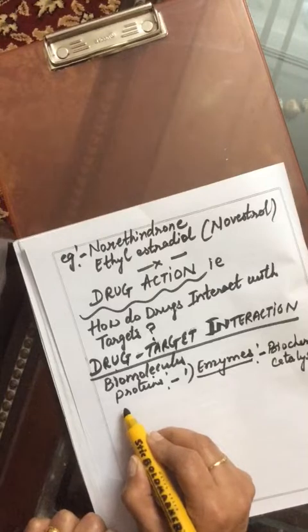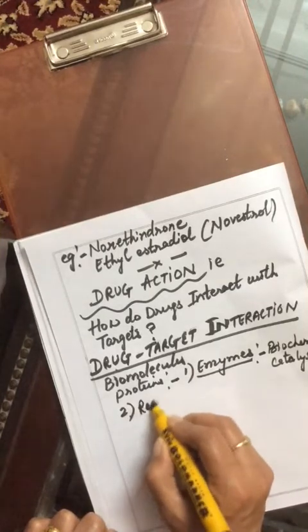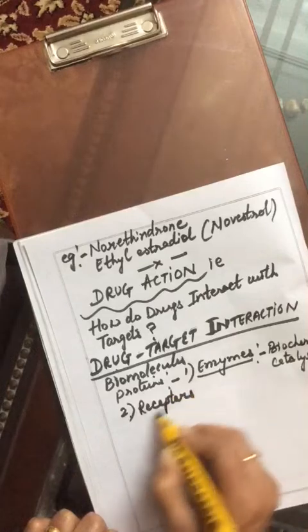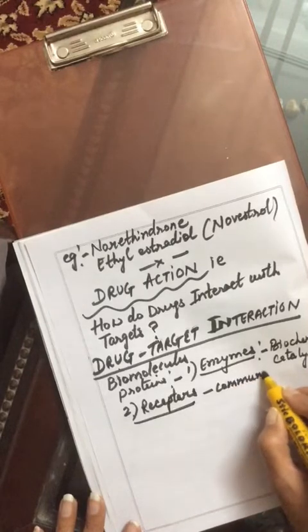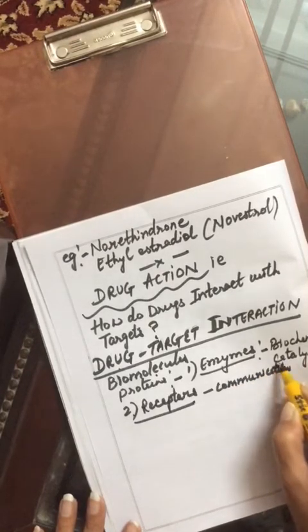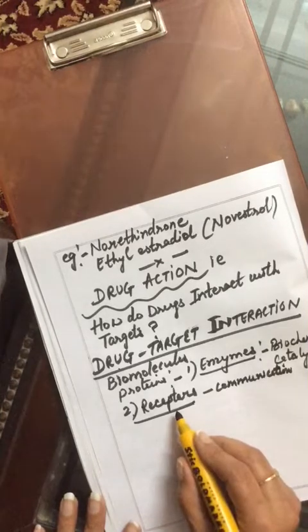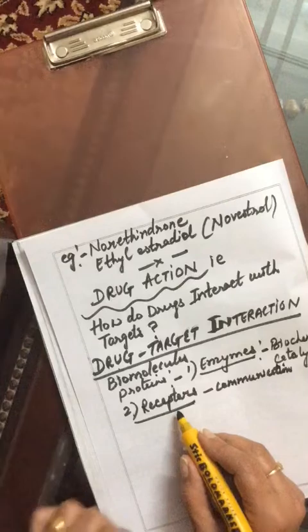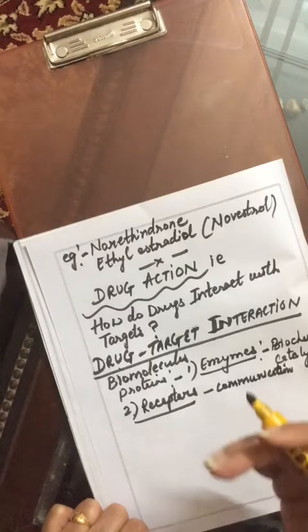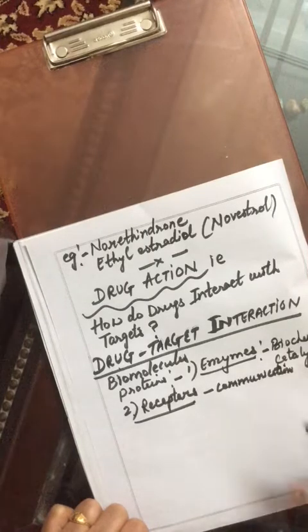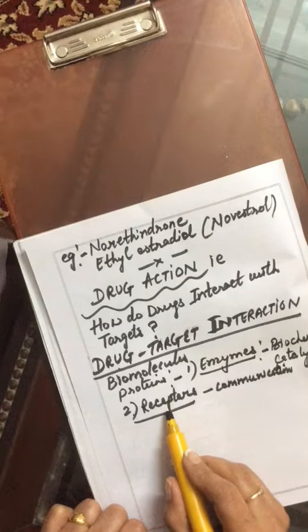Another example of proteins is receptors. Receptors are involved in communication. Our body communication system works because of the receptors. For example, if we touch something hot, immediately we withdraw our hand. The communication goes through the hand to the brain, and the brain tells us to withdraw our hand. This communication system works through receptors.